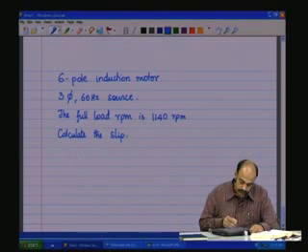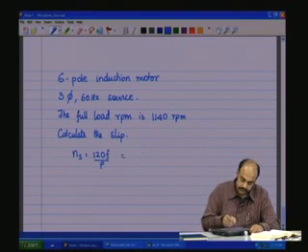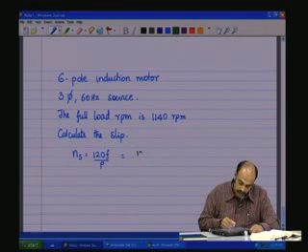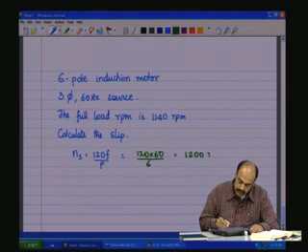So first let us say what is Ns. Ns is 120 F by P, which is given by 120 into 60 divided by 6 poles, which is equal to 1200 RPM.